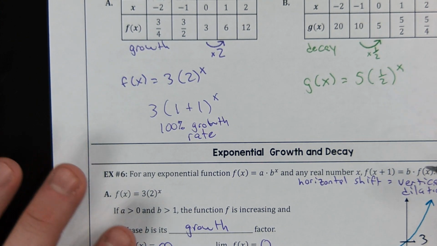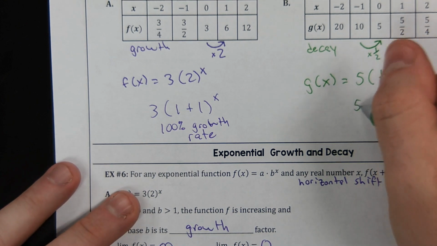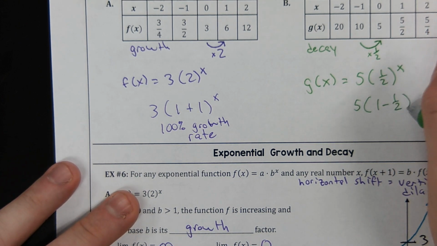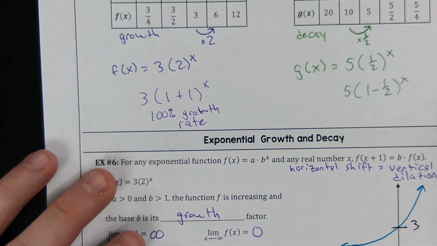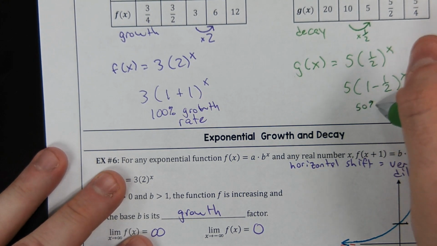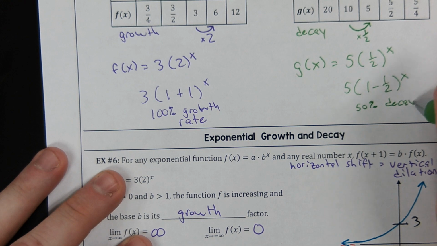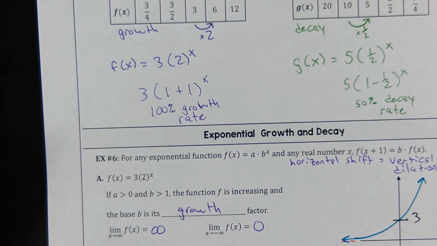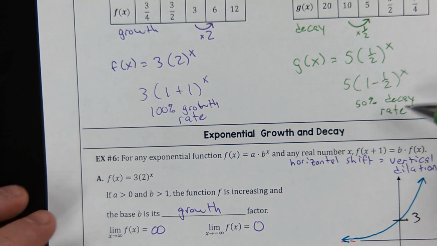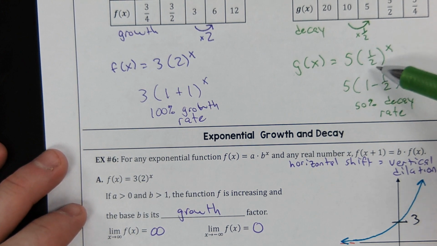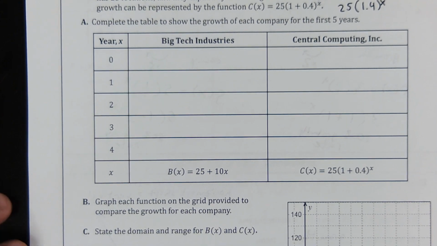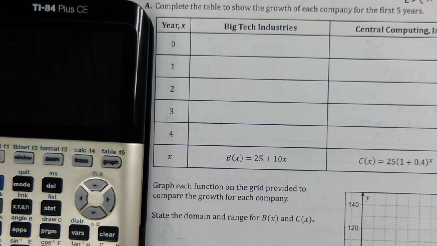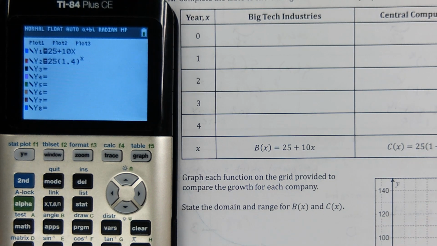This one would be... and it just so happens that it's a 50% decay rate. And the exponential base is also 1/2. That's coincidence. Because if it was a 25% decay rate, that would be 1 minus 0.25. This would have said 3/4. Okay? Anyhow, we come here and we've typed them into our calculators in the y equals menu.